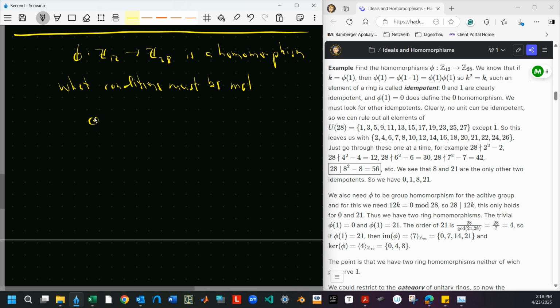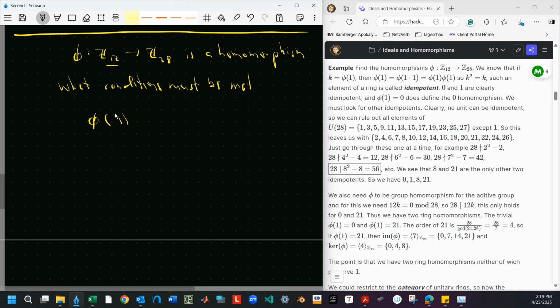First of all, everything's determined by where phi of 1 goes, right? So I guess that's kind of the main thing. Because wherever phi of 1 goes, both are cyclic groups, right? But the point is that this whole thing's generated by 1, right?